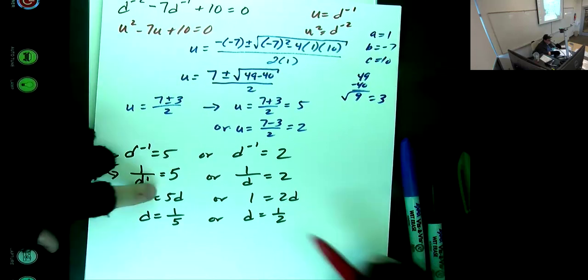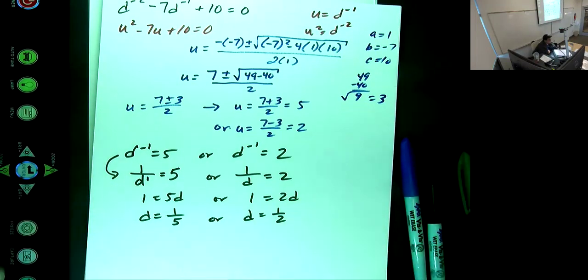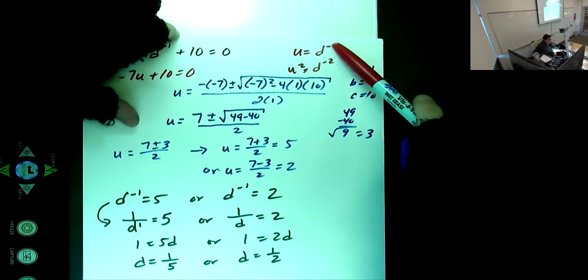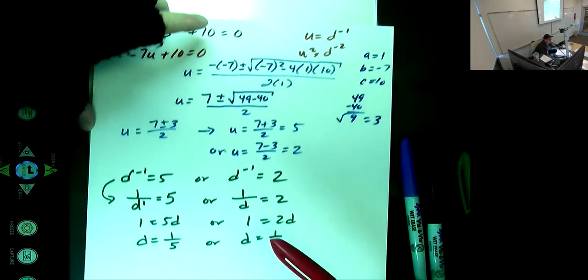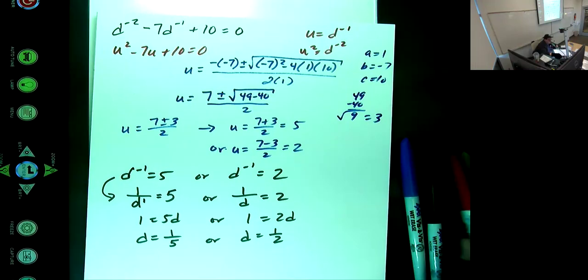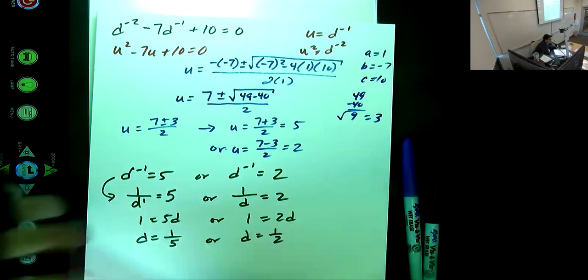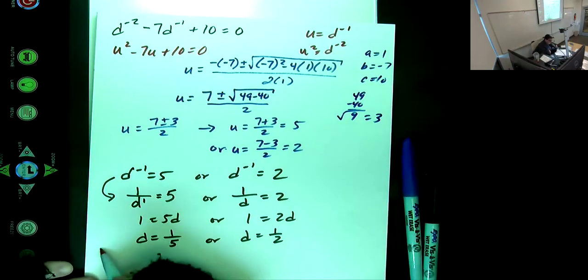I just divided by 5 or 2. Did we have to have d to the -2 or to the -1? It was to the -1. When we check it, we gotta use that -2.